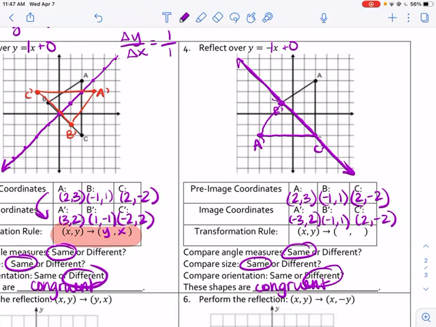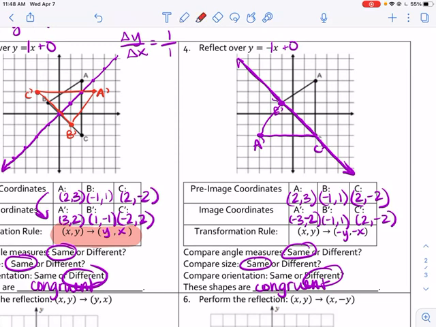Okay, so how does this change? It looks like we swapped them. Oh, it's negative 3, negative 2. We swapped them and made them both negative, the opposite. So y and x are swapped, and then the opposite.